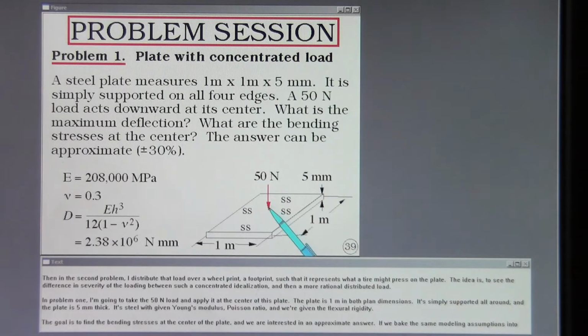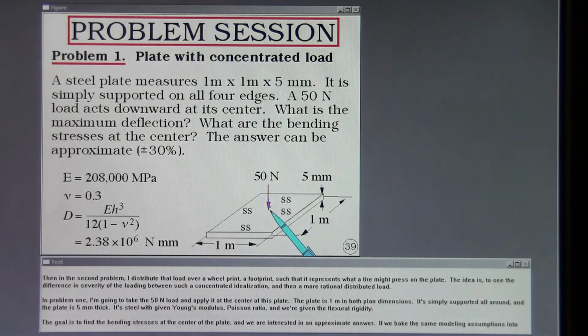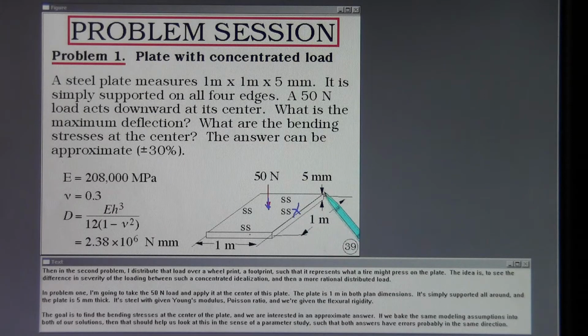In problem 1, I'm going to take the 50 Newton load and apply it at the center of this plate. The plate is 1 meter in both plan dimensions. It's simply supported all around, and the plate is 5 millimeters thick. It's steel with given Young's modulus and Poisson's ratio, and we're given the flexural rigidity.